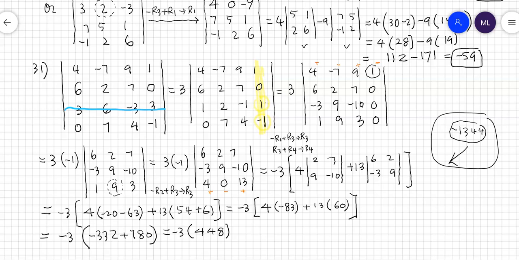Looks like, isn't it? 448. Yes. So this is 424, 14, 12, and 13. Okay, which is the number that we're looking for. Okay, so that is how to find the determinant.